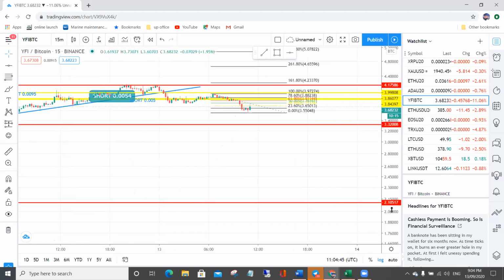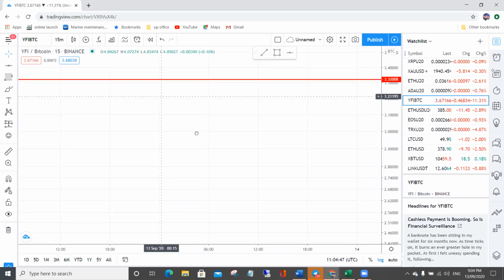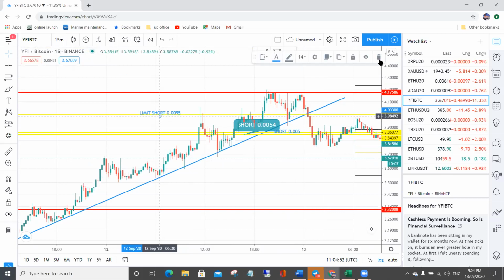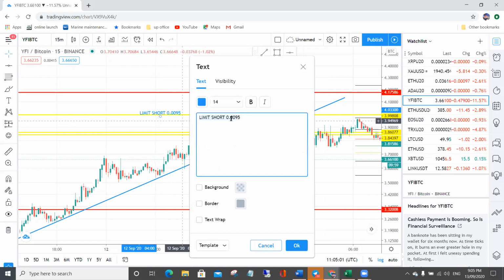And to remove things, are you just going to where you found them and unclicking them in effect? Yep. You just click on it, and then you get this little bin up here. And if you double click on it, you can edit the writing and the colours and everything. Got you.